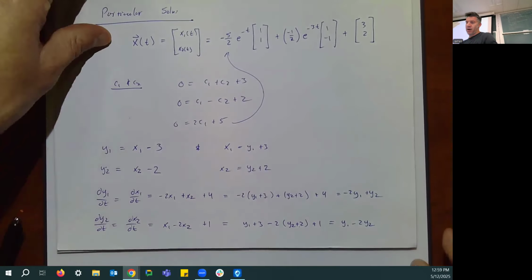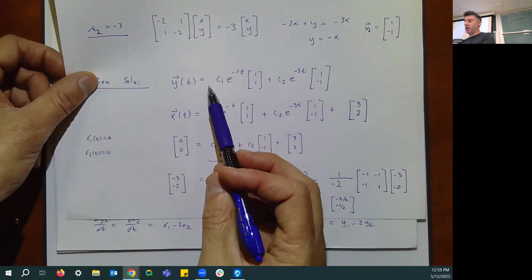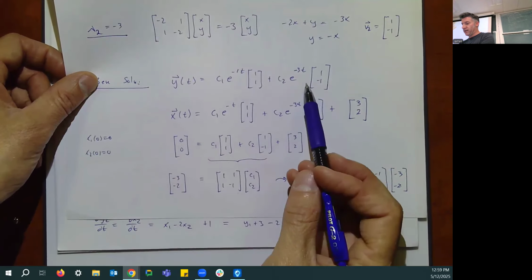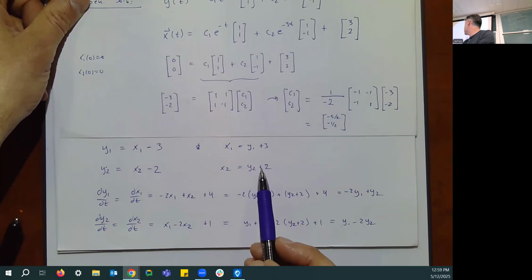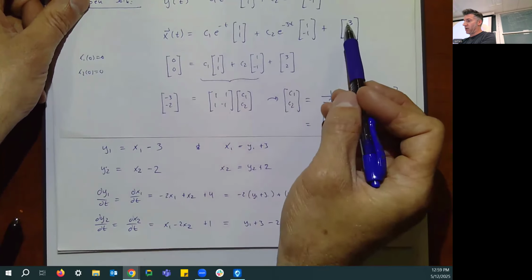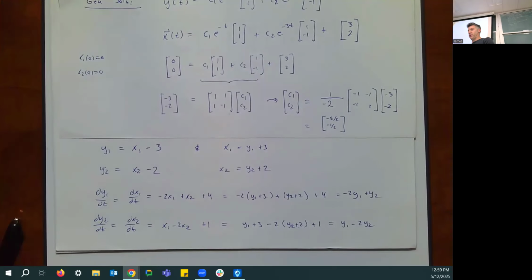And after we found our general solution for the y's, we just go back and say, if the y's are equal to that, then the x's are just y1 plus 3 and y2 plus 2, which is why we're adding the 3 in the first row and the 2 in the second row. So I really think writing out all this first work doesn't seem super necessary.